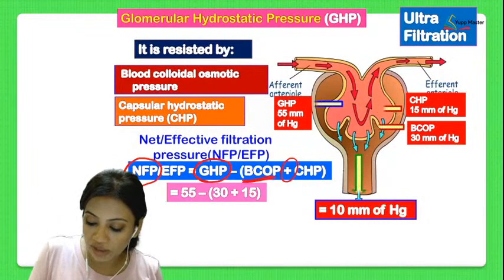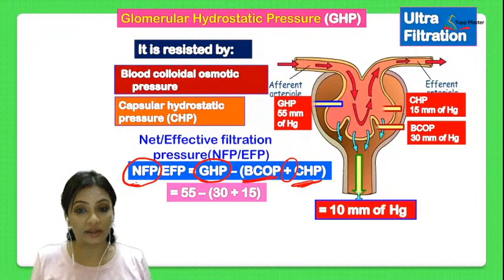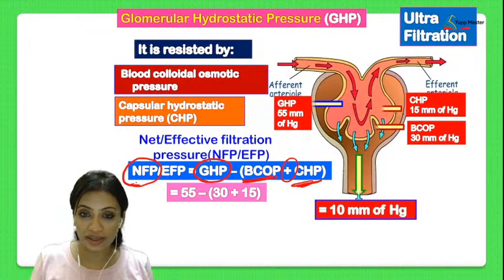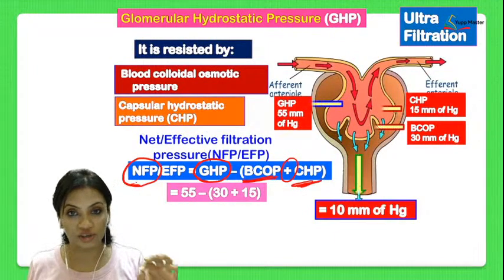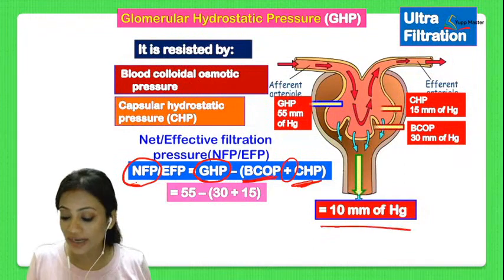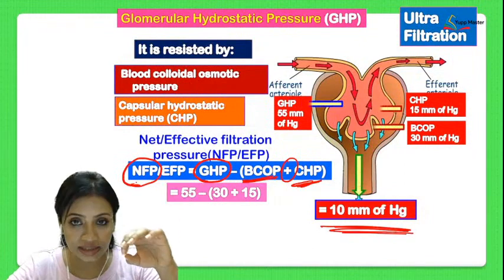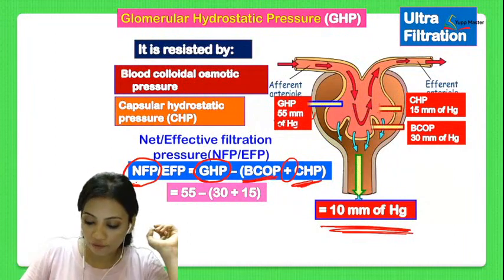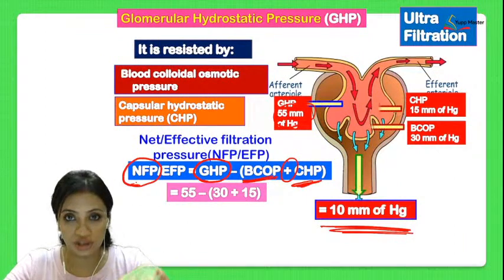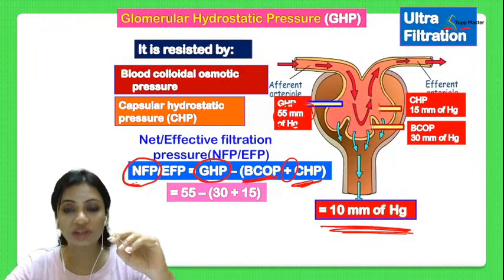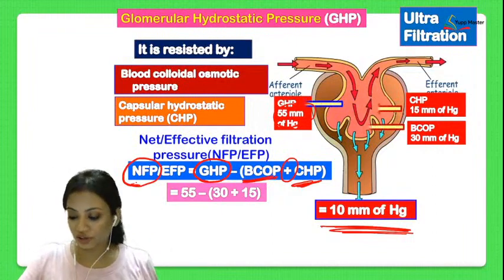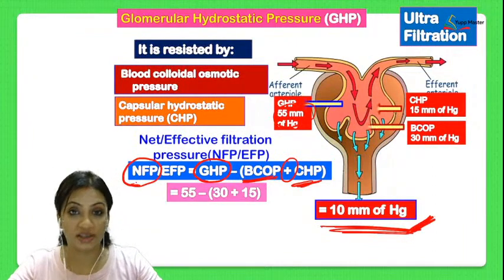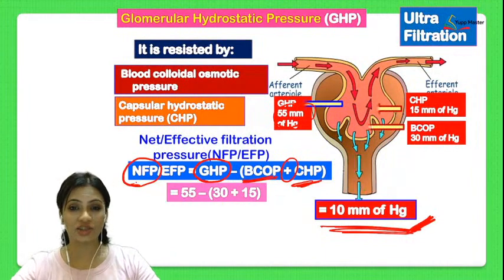So, minus BCOP and CHP together, that is what we call the net effective filtration pressure. And how much is it? 10 mm of Hg. So, although blood is coming with a force of 55 mm of Hg, the actual filtration that's happening is with a pressure of 10 mm of Hg. Is that clear? Does that set things straight?